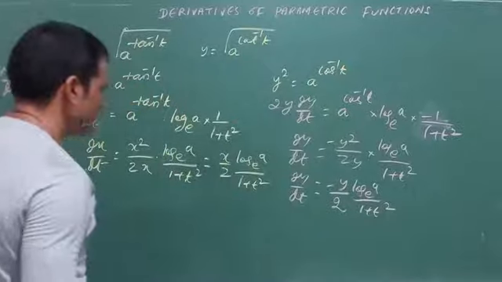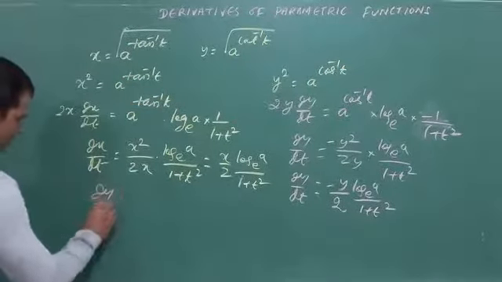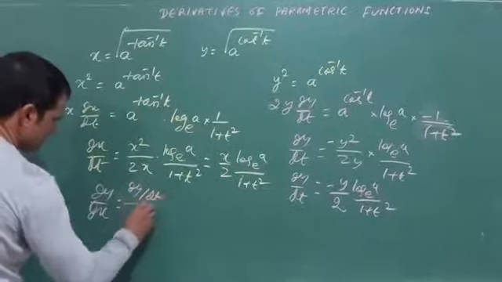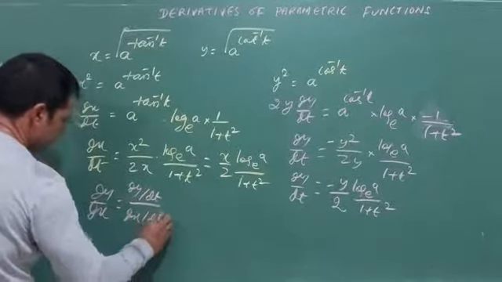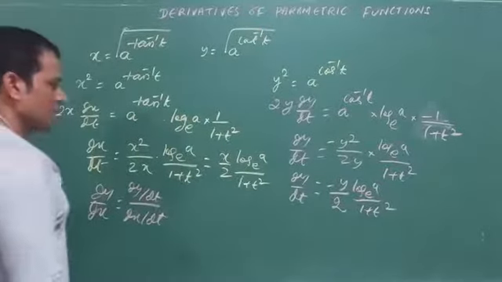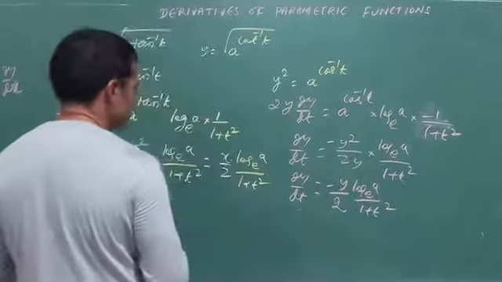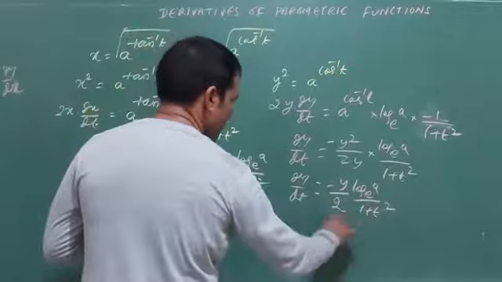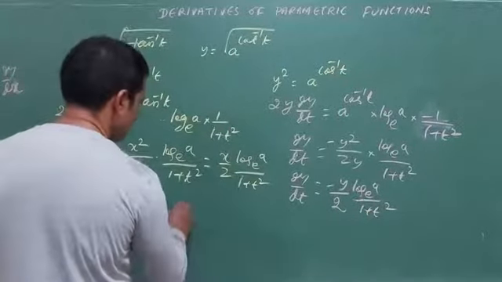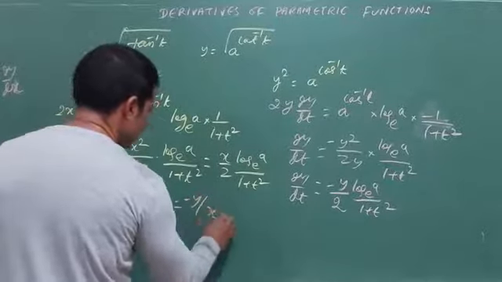Go for the value dy/dx, which is dy/dt divided by dx/dt. This value divided by this value gives you −y/x.